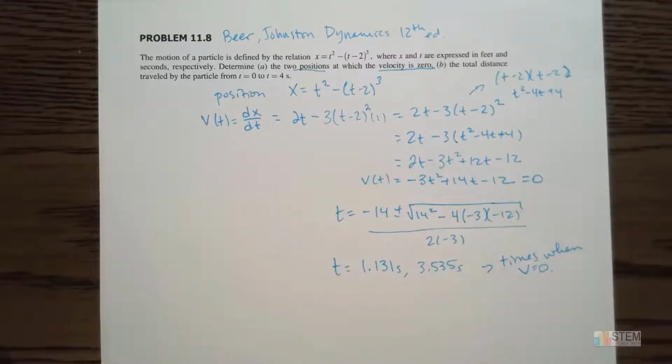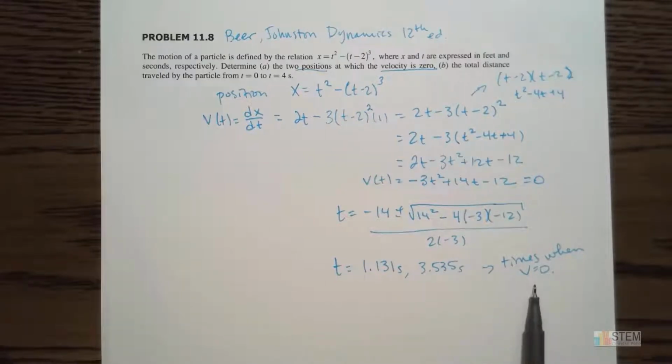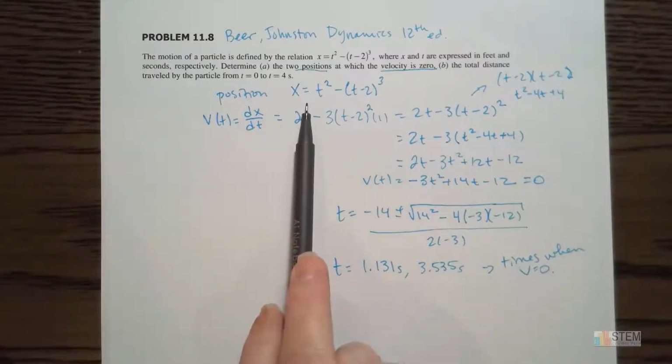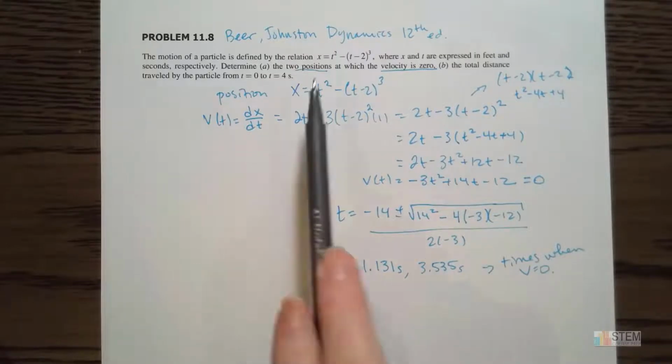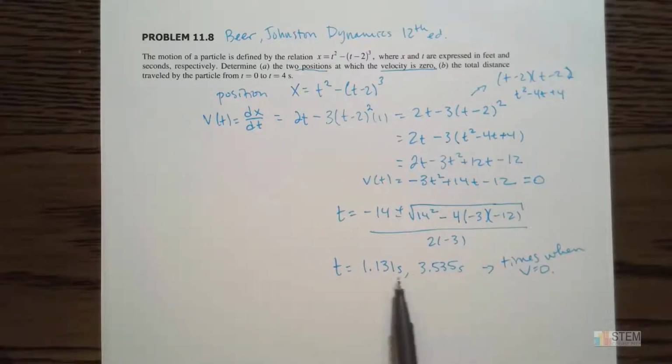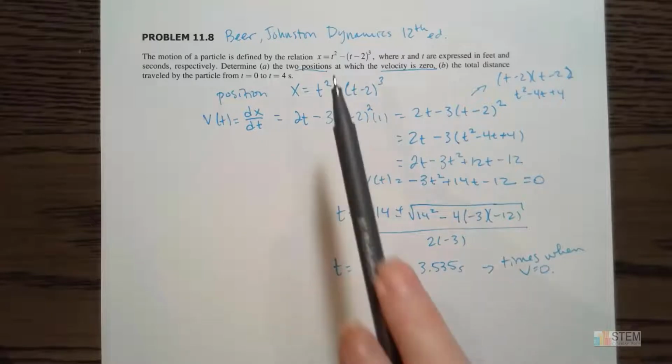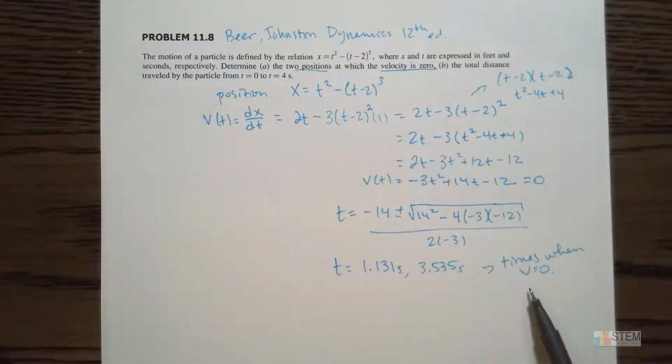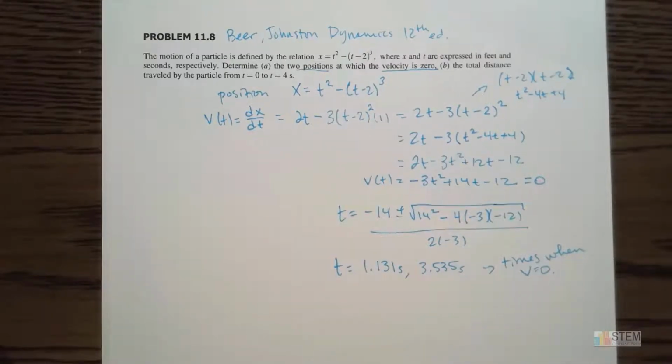Okay, so now I want to find the 2 positions at these times, right? How are we going to do that? Well, if this is our position equation as a function of time, we could take these times, plug them into this expression, and get the positions when velocity is 0. So let's do that next.